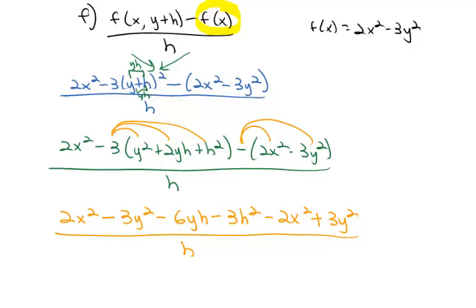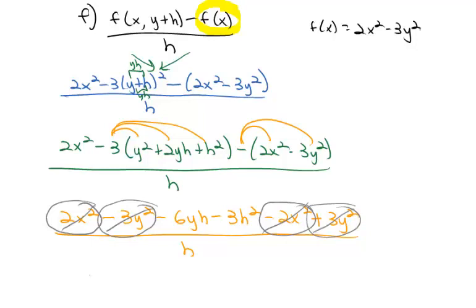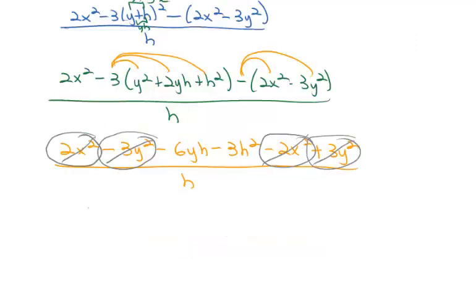Now that it's all multiplied out, now we can start to simplify. 2x squared minus 2x squared is 0. Negative 3y squared plus 3y squared is 0. All we have left is negative 6yh minus 3h squared all over h.